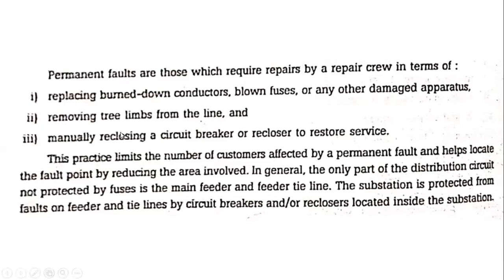Next consideration is removing tree limbs from the line. When we remove the tree limbs from the line, these faults are rectified, and we manually reclose the circuit breakers or reclosers to restore the service.